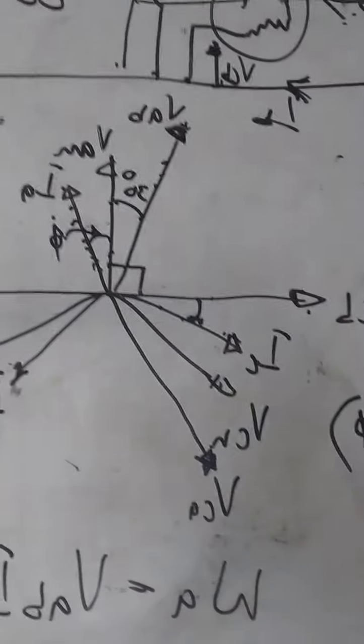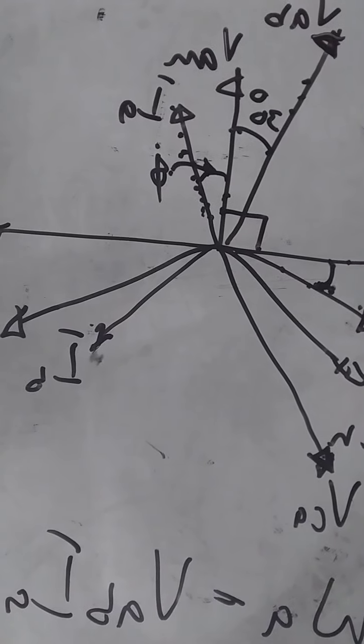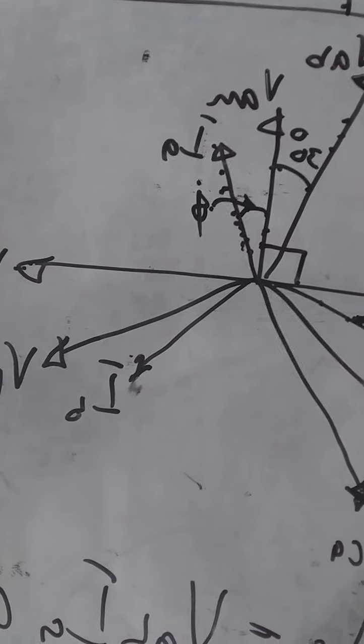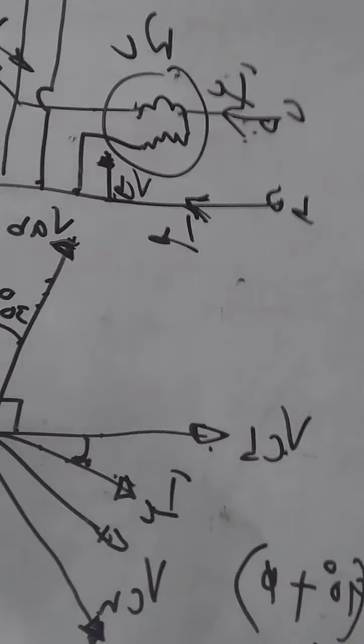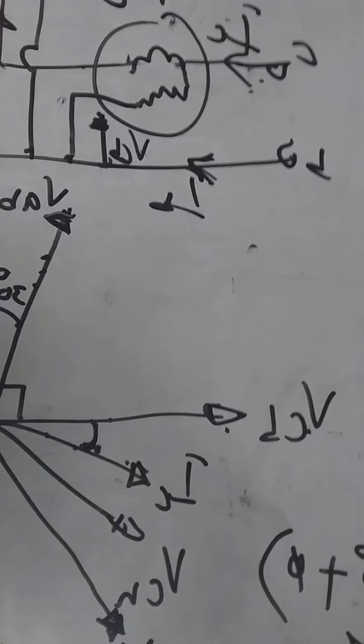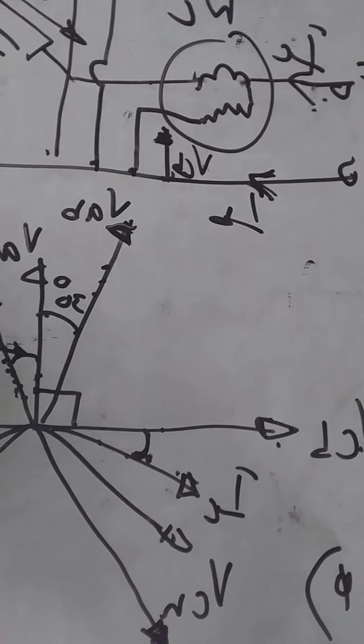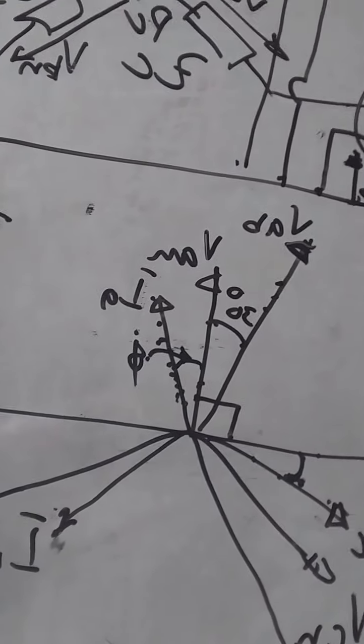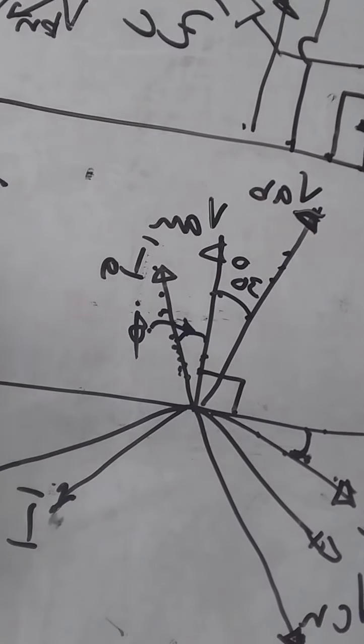The ratio between the difference in this reading, that's WA minus WC, and the sum, you come to this particular equation. Tan phi is equal to root 3 into WC minus WA over WA plus WC.